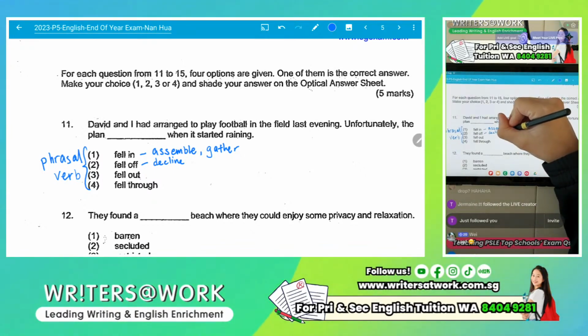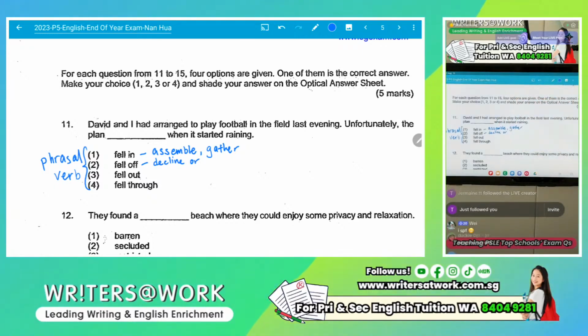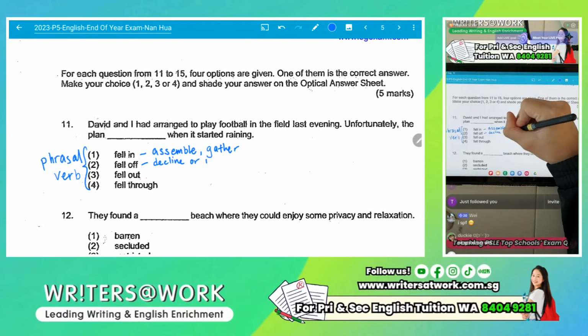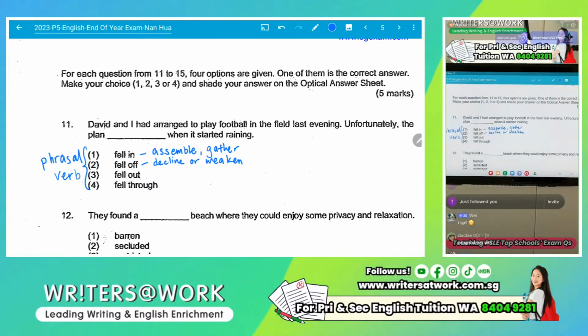But after a couple of years, it started falling off. It started declining. It started to weaken. So now Among Us is not as popular a game anymore. I think now the popular game is Roblox. I think Dress to Impress is quite popular on Roblox now, right? Okay, so to fall off is to decline or to weaken.